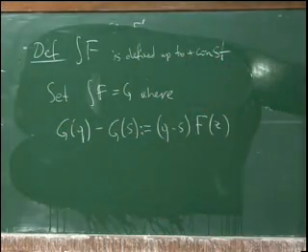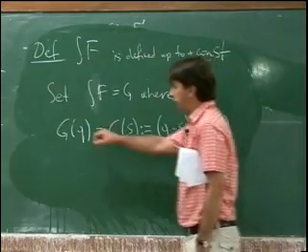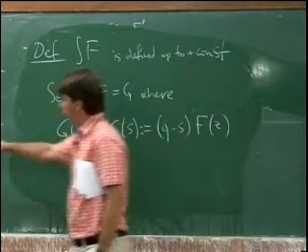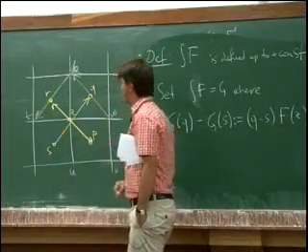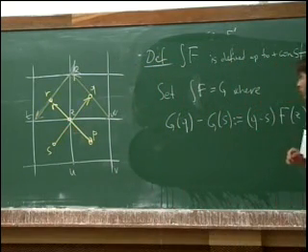So we define the difference of g for any neighboring pair of the yellow vertices.